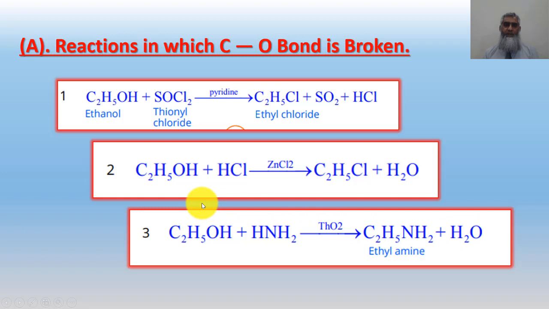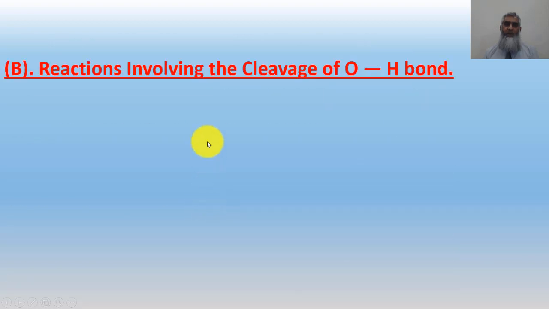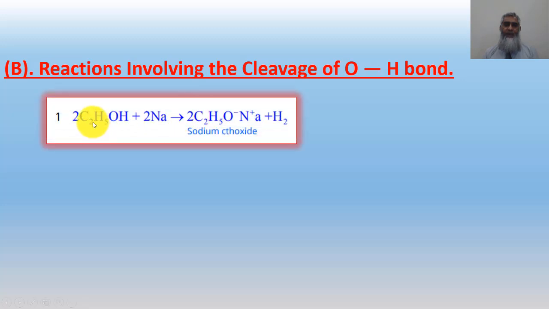On the other hand, reactions involving the cleavage of oxygen-hydrogen bond when electrophile is the attacking species. Number 1 is ethanol or ethyl alcohol on reaction with some electrophile, electron-loving species like sodium metal. The oxygen-hydrogen bond will break up.